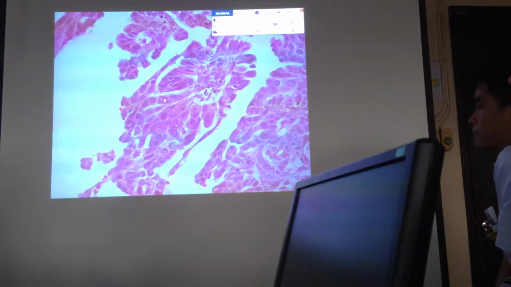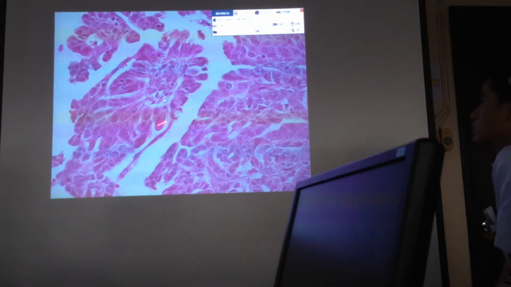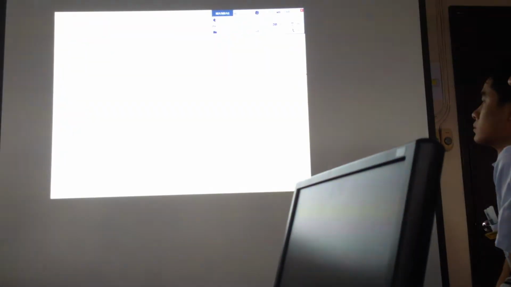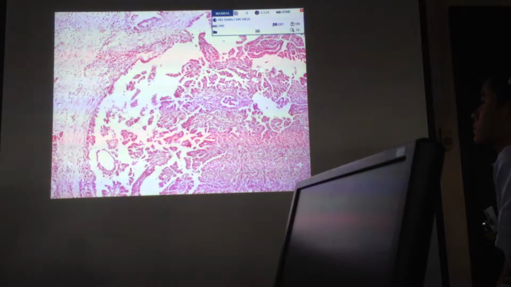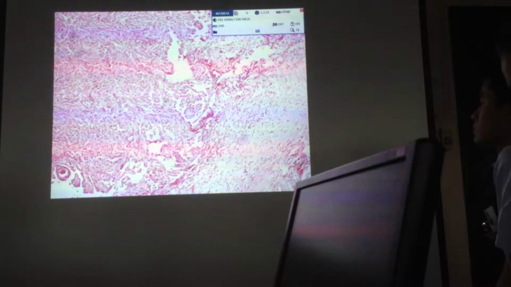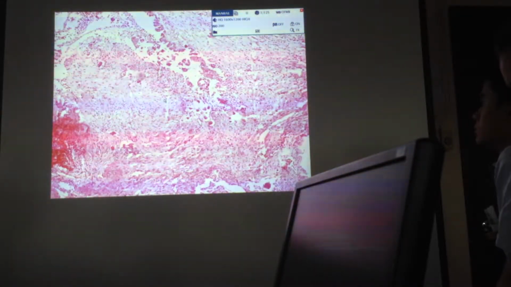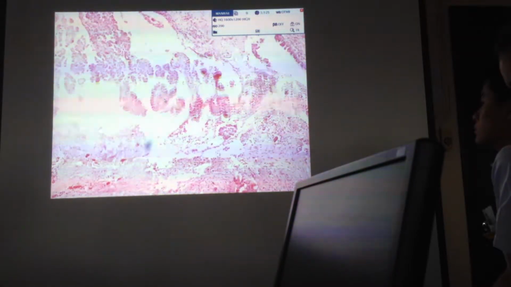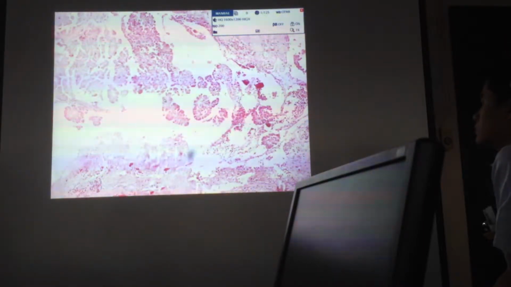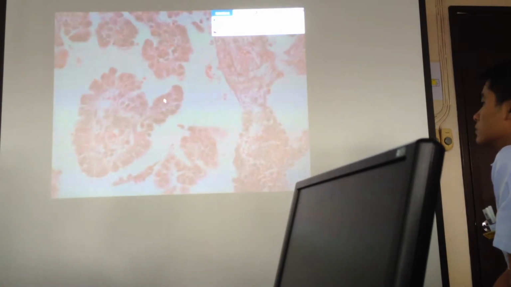Serous papillary would be characterized by having a papillary core like this one, having a fibrovascular stroma. They are arranged in papillary formations. When you see a papillary core, the central portion would have blood vessels and fibrous tissue.